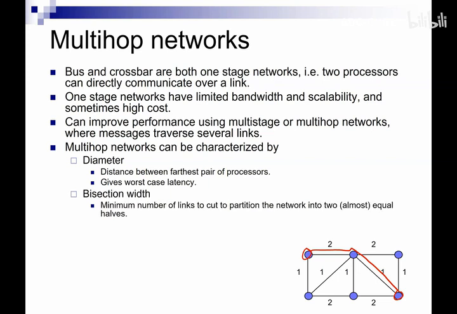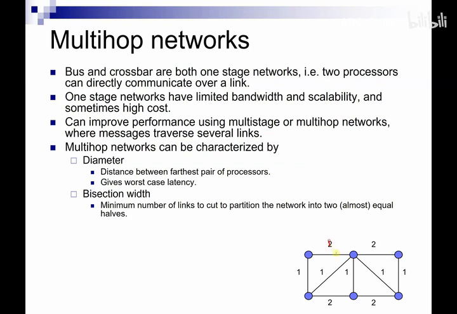Another way to measure the performance of the network is using the bisection width of the network. This is basically saying that suppose we cut this network in half. We have a network here with 6 processors. Suppose we put 3 processors on one side and 3 on the other. Then how much communication can there be between these 2 halves?